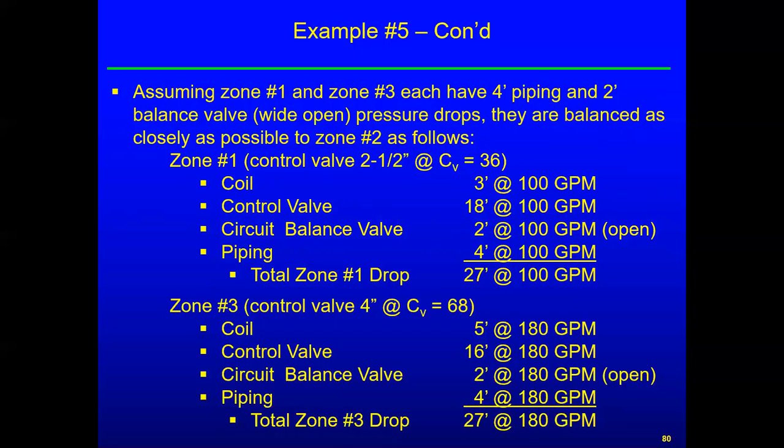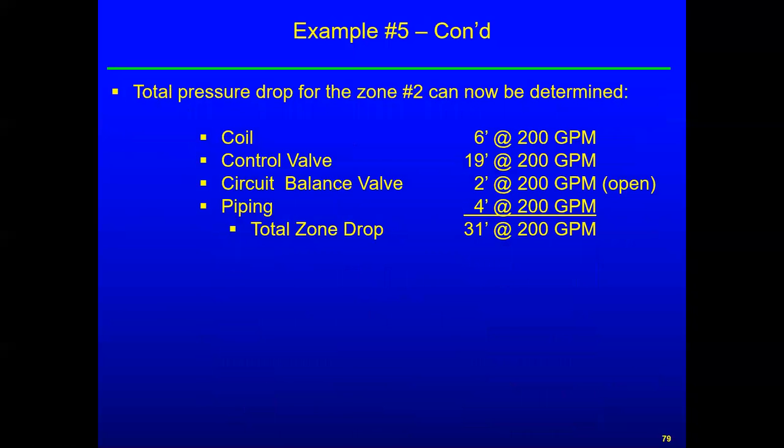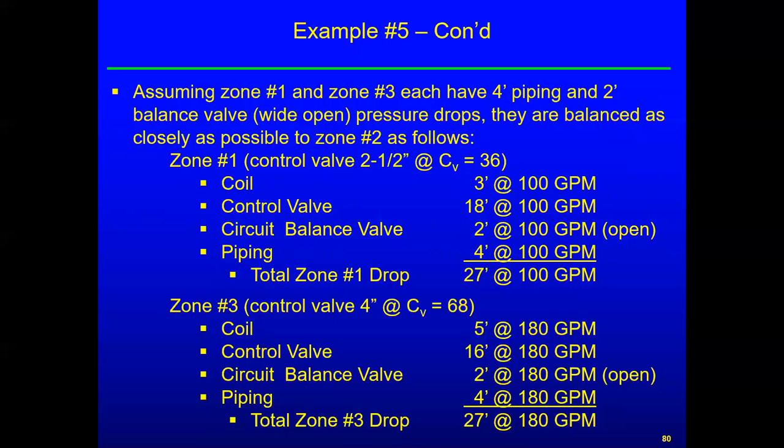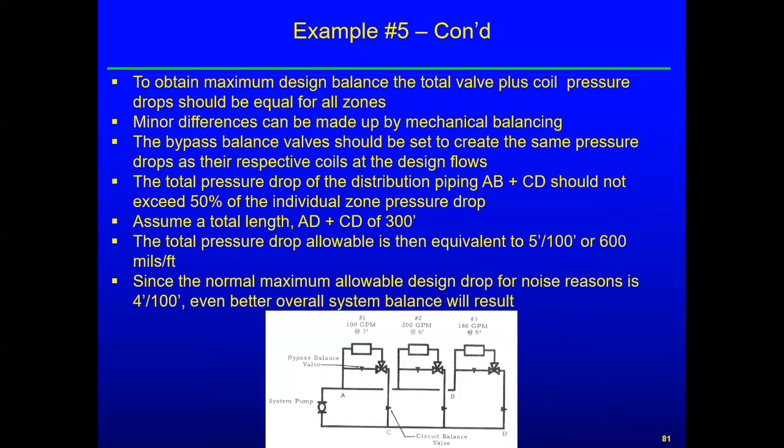And that's a 36 on the CV. And zone number 3 with a 68 on the CV gives a 16 foot on the control valve, which is more than 3 times the coil. So that's good. So we got 27 on that one, and we got 31 on this one. So guess what? We're going to have to add 4 to each one of those.